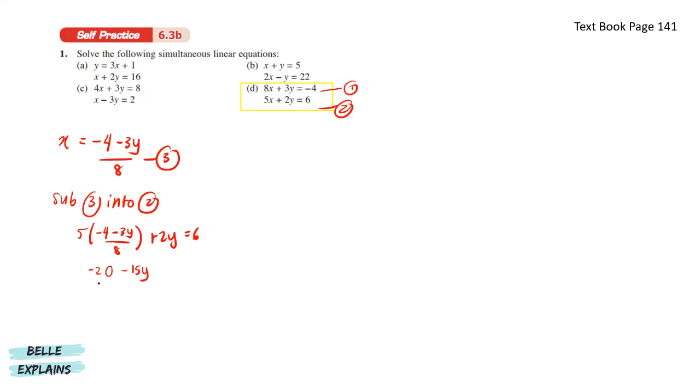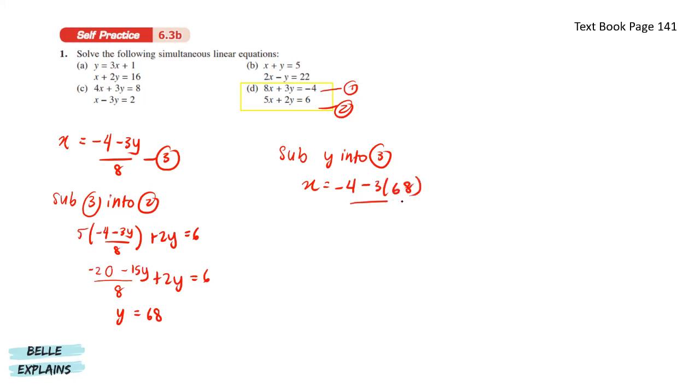Expanding and solving this gives us the value of y. Here we have the value of y at 68. Now that we have the value of y, let's sub that into equation 3 to find the value of x. So let's solve this. We get the value of y at negative 26.